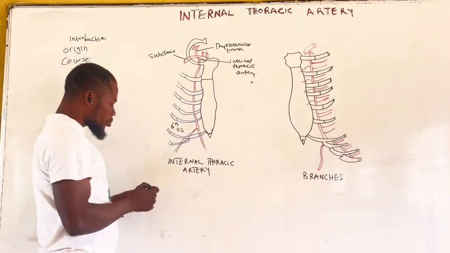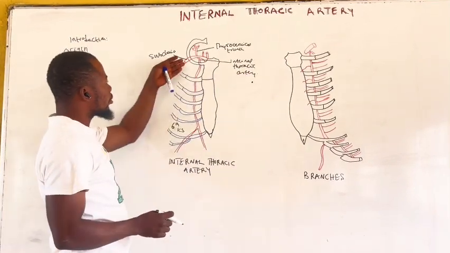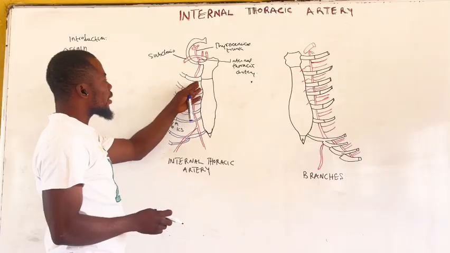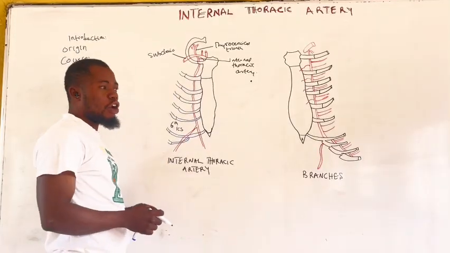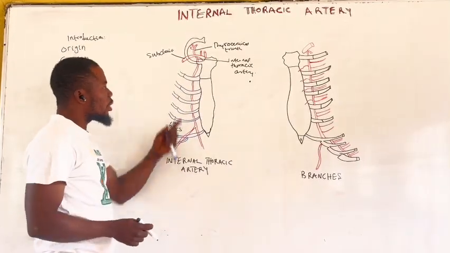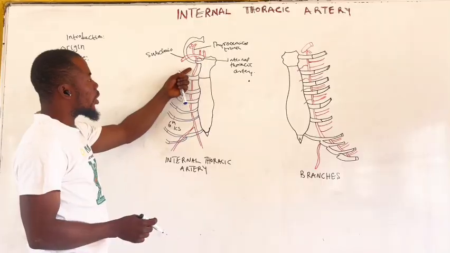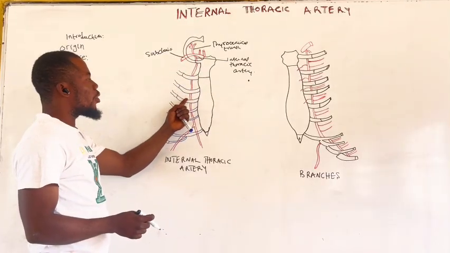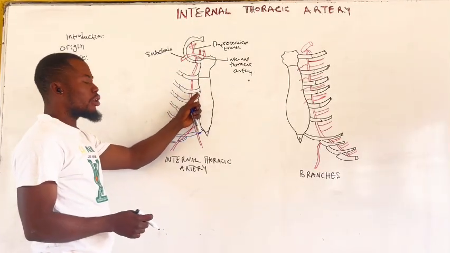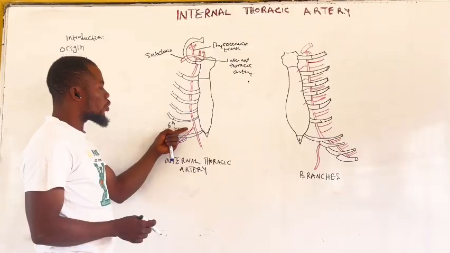And we said it runs downward behind the lateral border of the sternum up to the 6th intercostal space. This red line here is our internal thoracic artery running vertically downward at the lateral border of the sternum up to the 6th intercostal space.